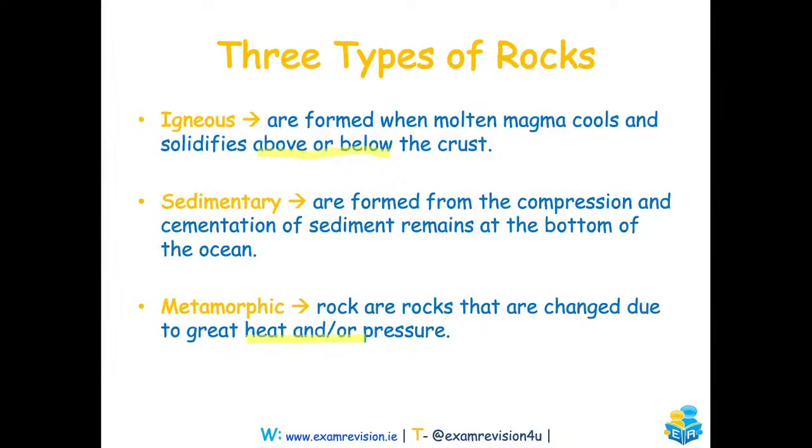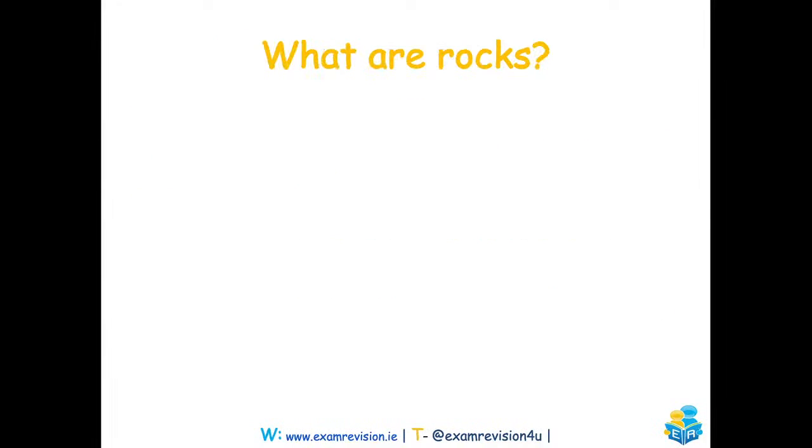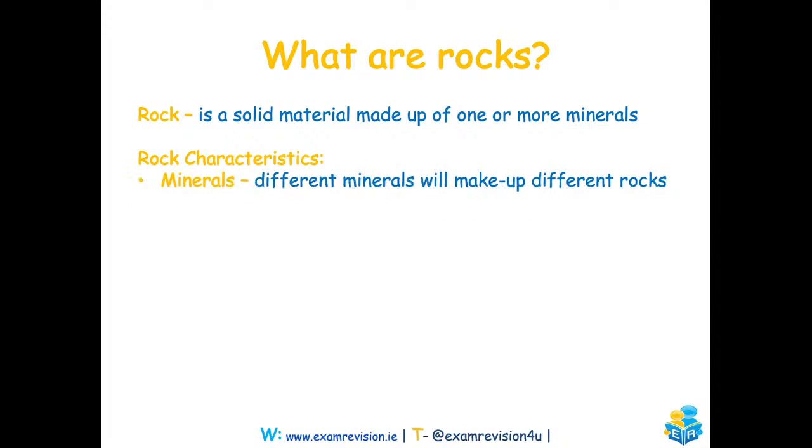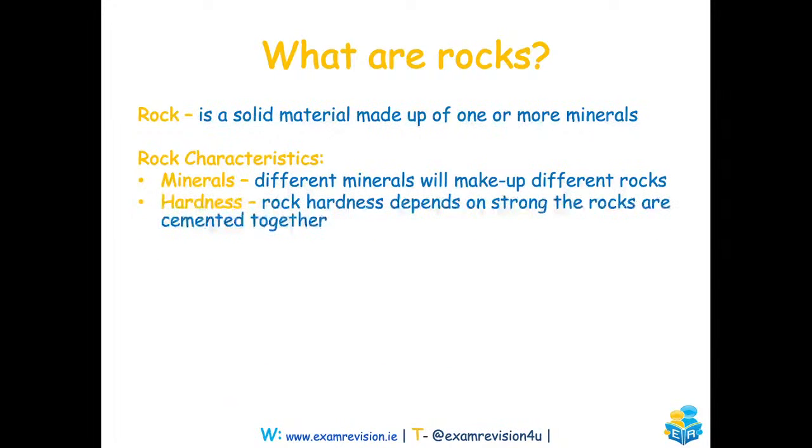So what are rocks? Well, rocks are solid materials made up of one or more minerals. And a few characteristics: minerals are the different substances that make up different rocks. Other characteristics of rocks are hardness, which depends on how strongly the rocks are cemented together.